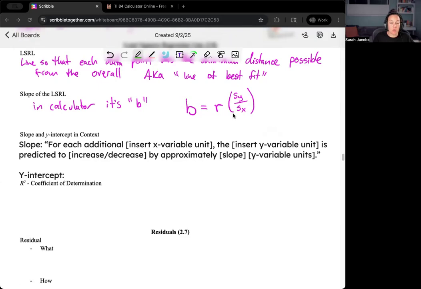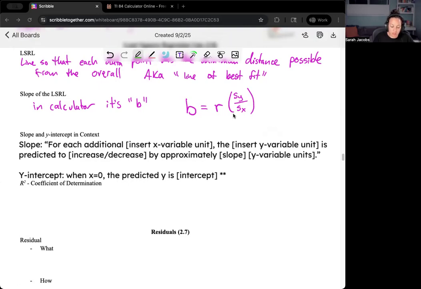I'm not putting it in quotes because you can be a little more free with it. The y-intercept interpretation is just when x is equal to 0, right? When the baby is 0 months old, the predicted y is whatever the intercept is.